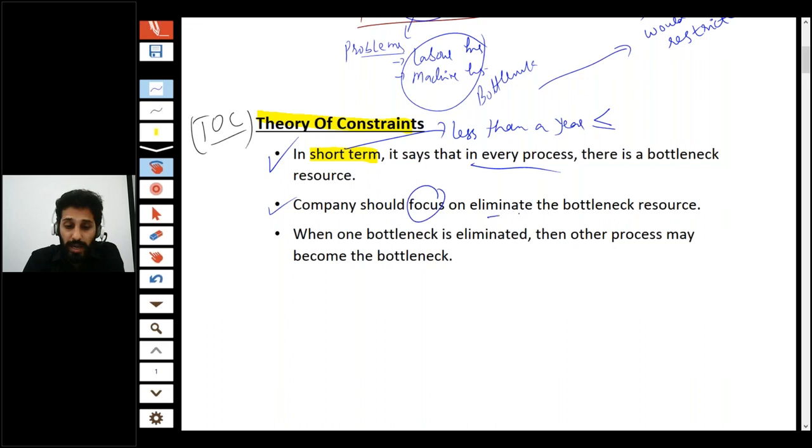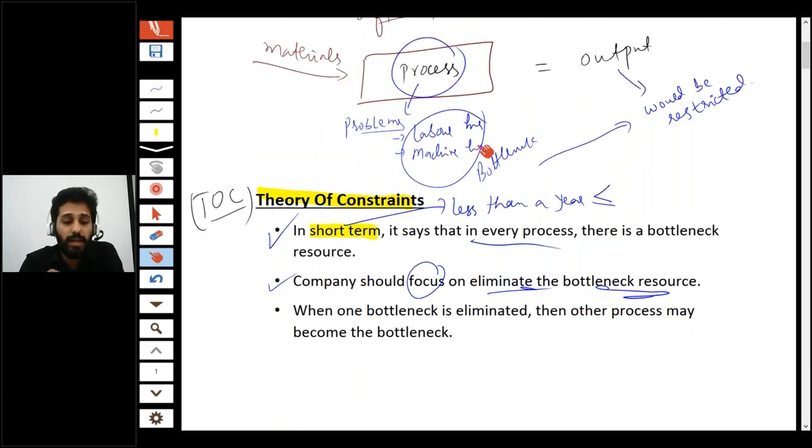The company should focus on eliminating the bottleneck resource. If my bottleneck resource is eliminated, definitely my output would increase. And there is a possibility that when one bottleneck is eliminated, another process may become the bottleneck, right?